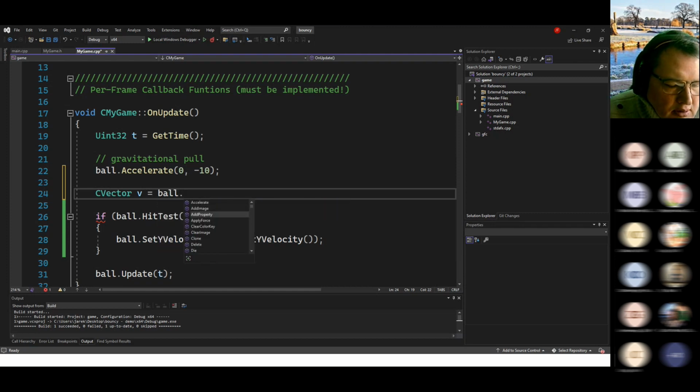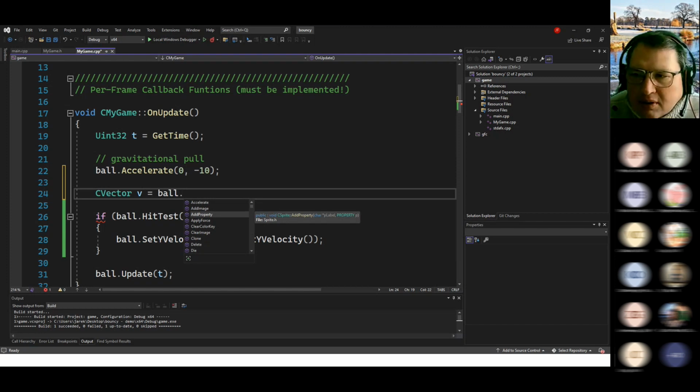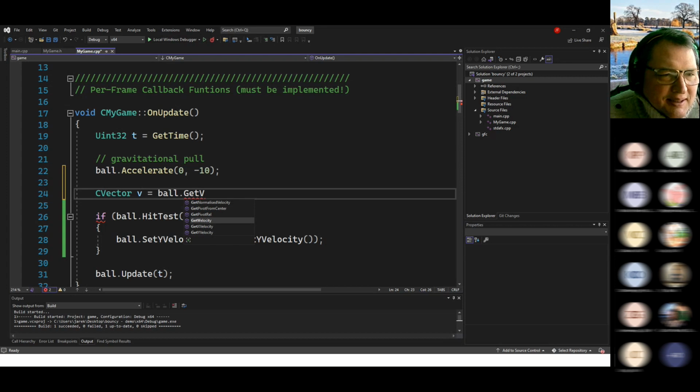It should be marble, okay? Of the ball. You know what I mean. Anyway, get velocity.